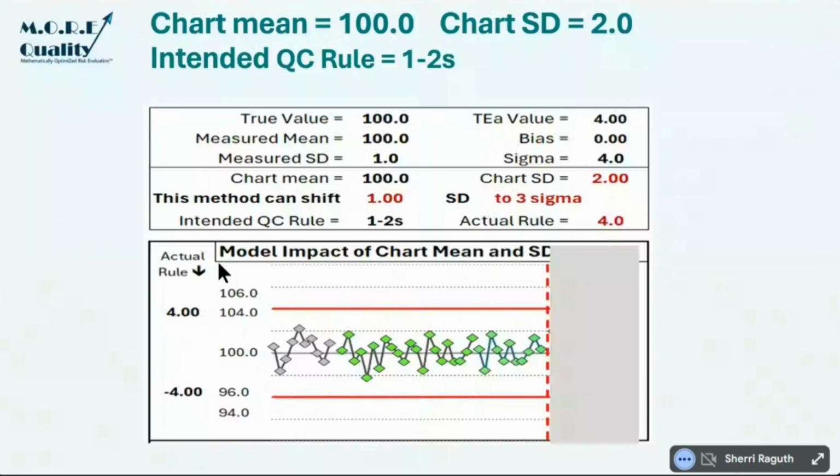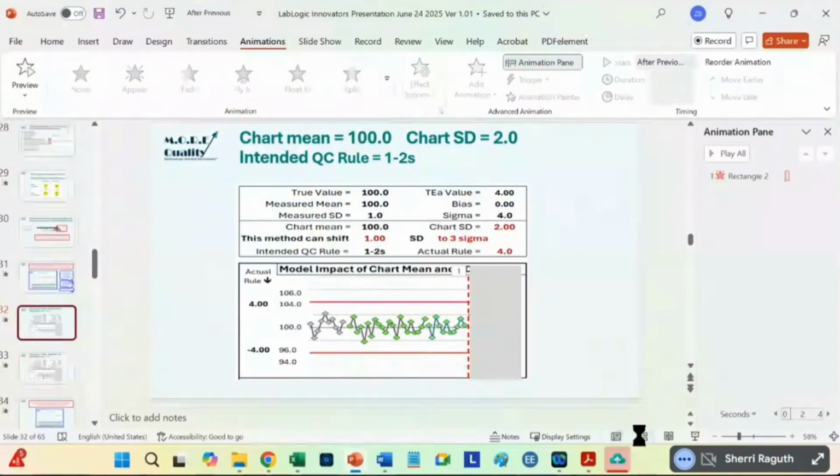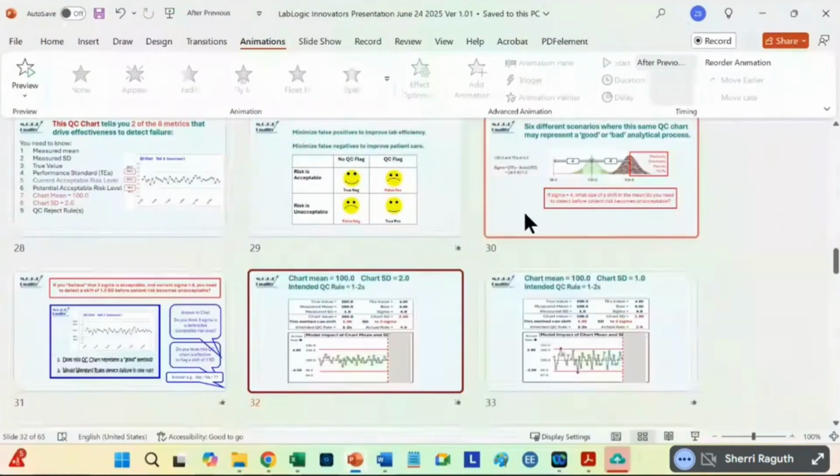I had some charts for this, but I'm afraid I can't find them quickly enough for you. But the sigma value is the number of standard deviations between the measured mean and the allowable error limit. Let me just go back a little bit here because I can show you.